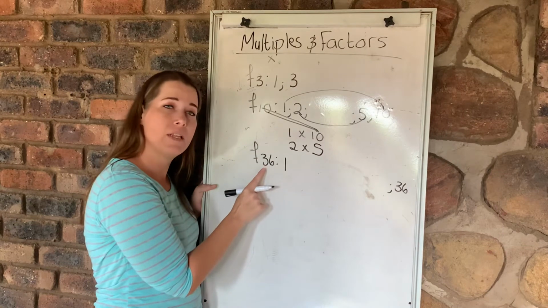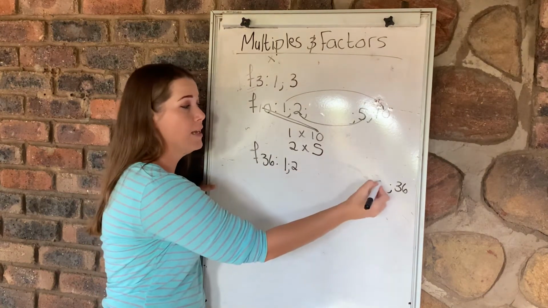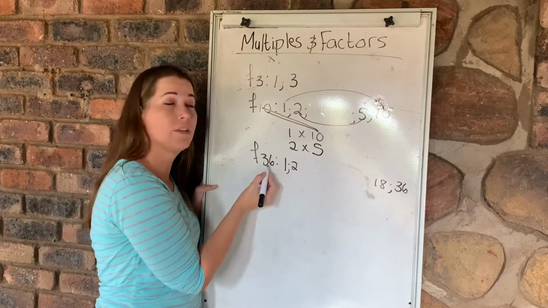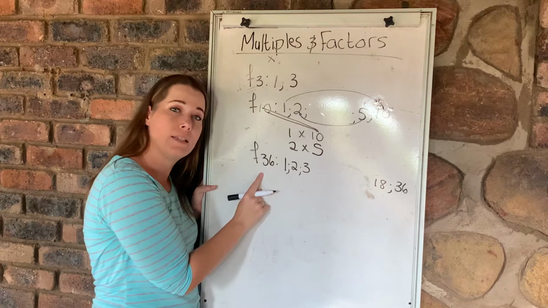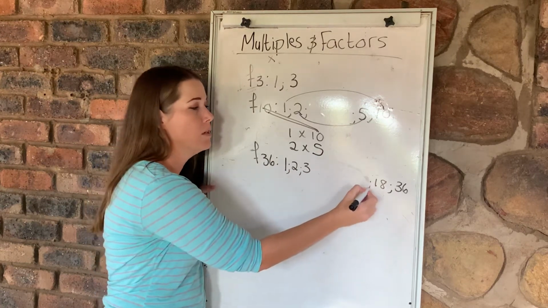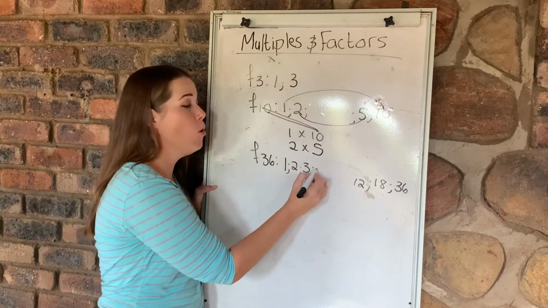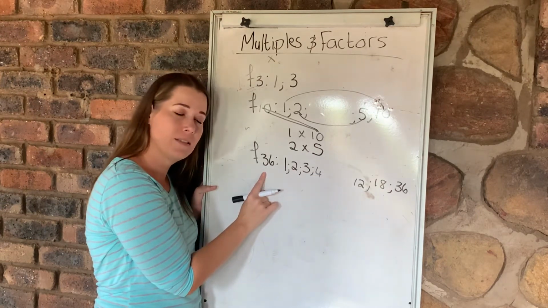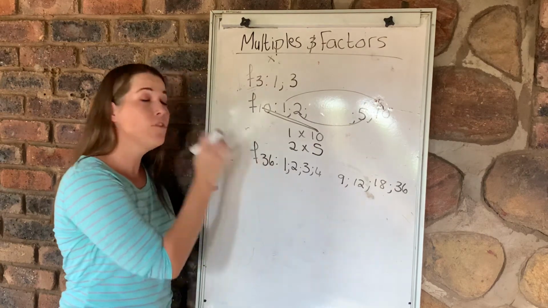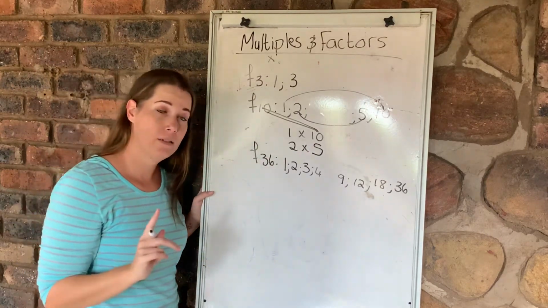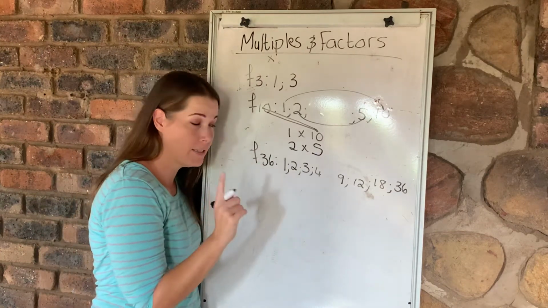The second number that can divide into 36 is 2. 2 times 18 will give me 36. 3 will divide into 36. 3 times 12 will give me 36. 4 will divide into 36. 4 times 9. Now 5 can't go into 36 without a remainder, but 6 can. 6 times 6 is 36.